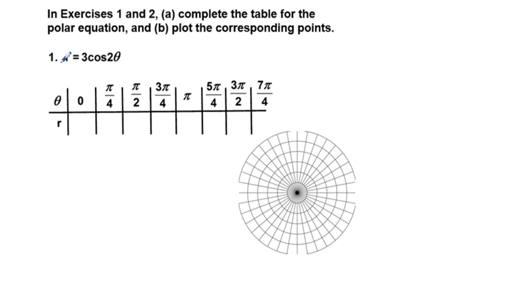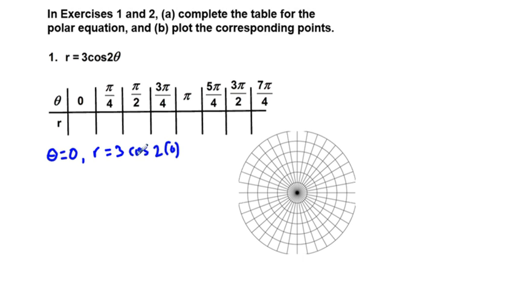And so if we look at the equation, r equals 3 cosine 2 theta, and we have 0. Well, for theta equals 0, we have r is equal to 3 cosine 2 times 0.